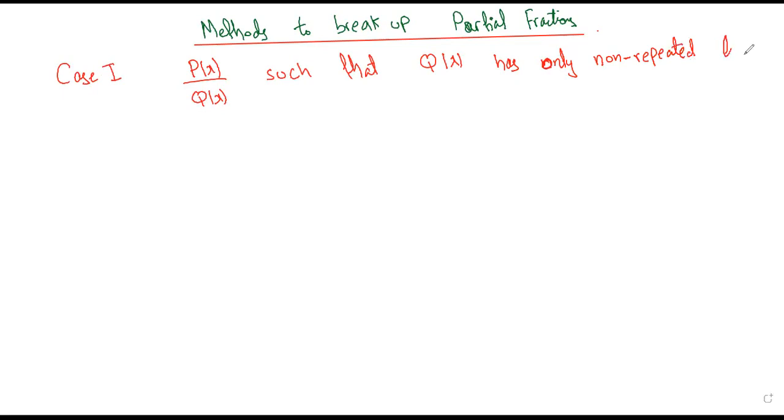Okay, every word is important. Non-repeated linear factors. So what would happen in that case? This is what we are going to have.